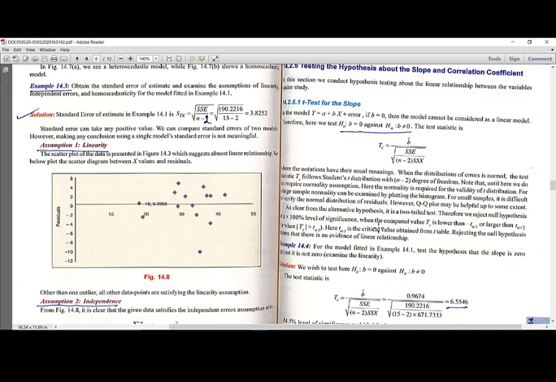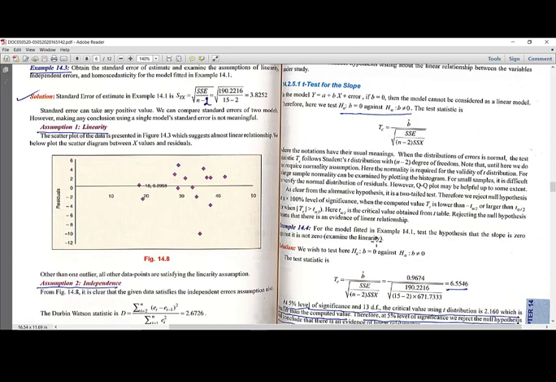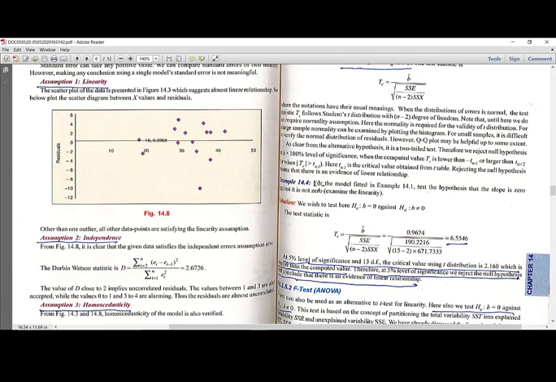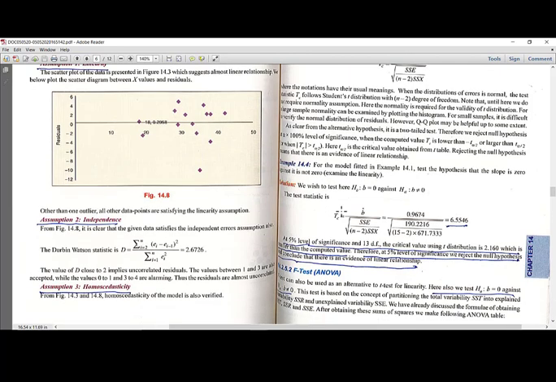Substituting those values for the same example 14.1, testing the hypothesis that the slope is 0 against not 0, we get the test statistic value as 6.5546 at 5% level of significance and 13 degrees of freedom. How did we obtain these 13 degrees of freedom? Here it is mentioned that Student's t-distribution has n minus 2 degrees of freedom. N is 15, so 15 minus 2 is 13.